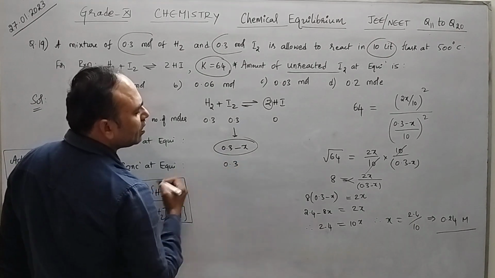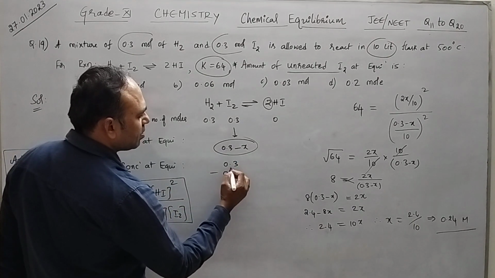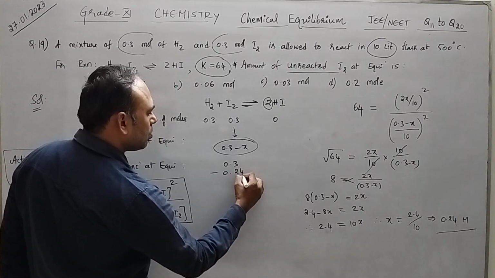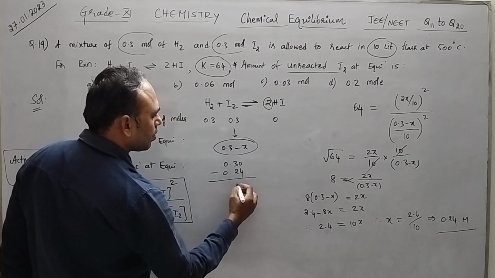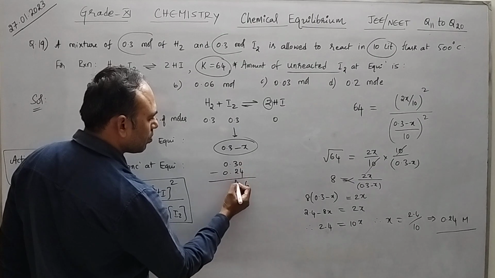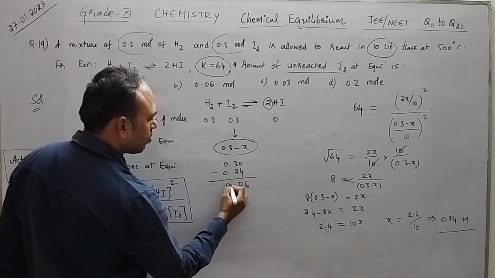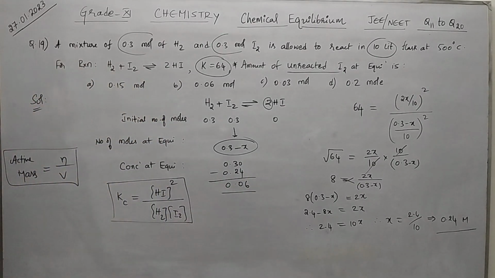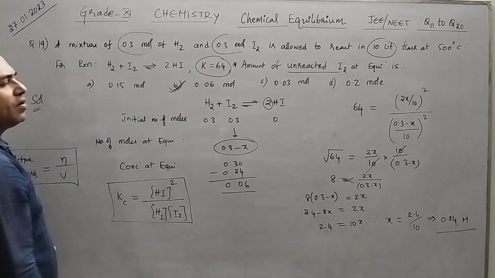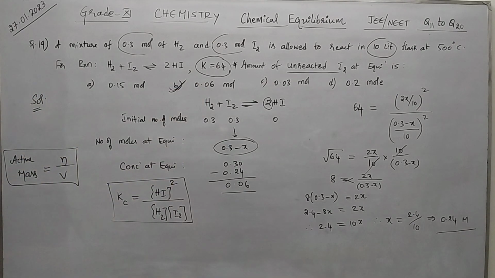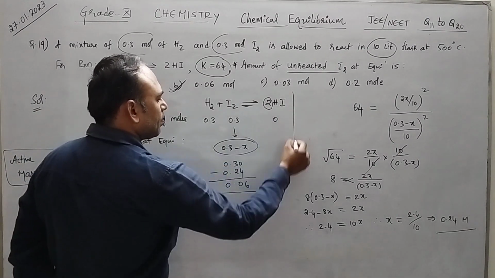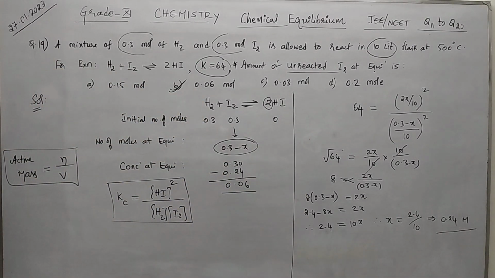So 0.3 minus 0.24 is 0.06 moles. So we got the answer, 0.06 moles. Copy the solution and let's move to question number 20, the last one. I will give some time.